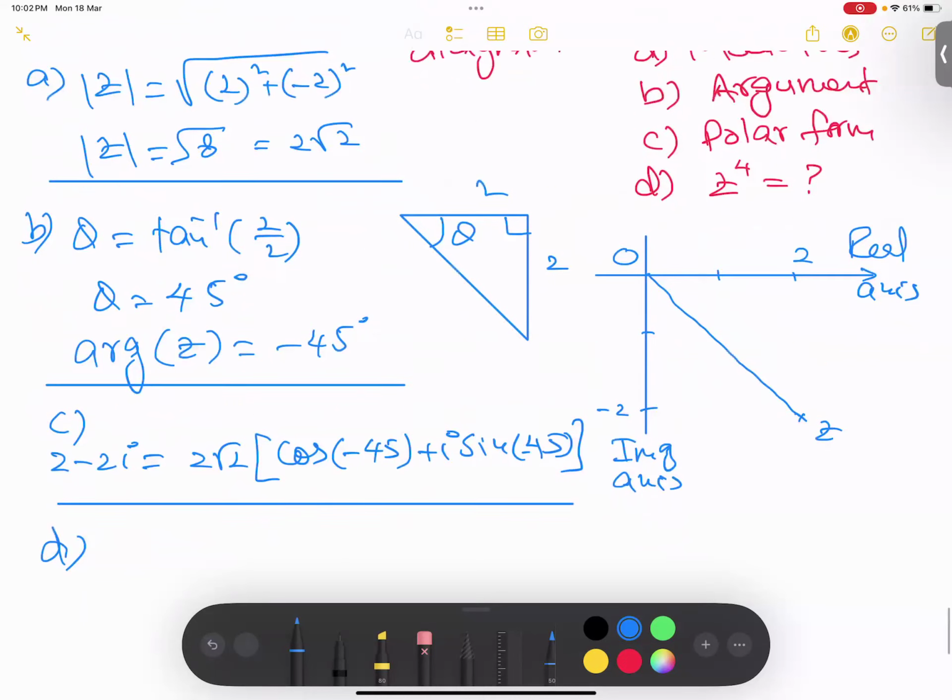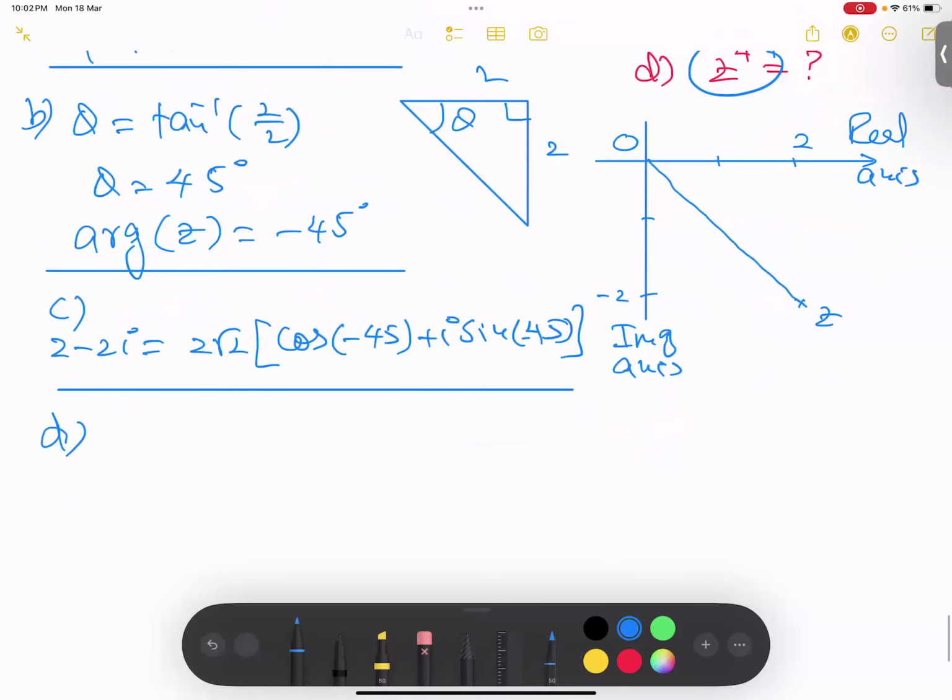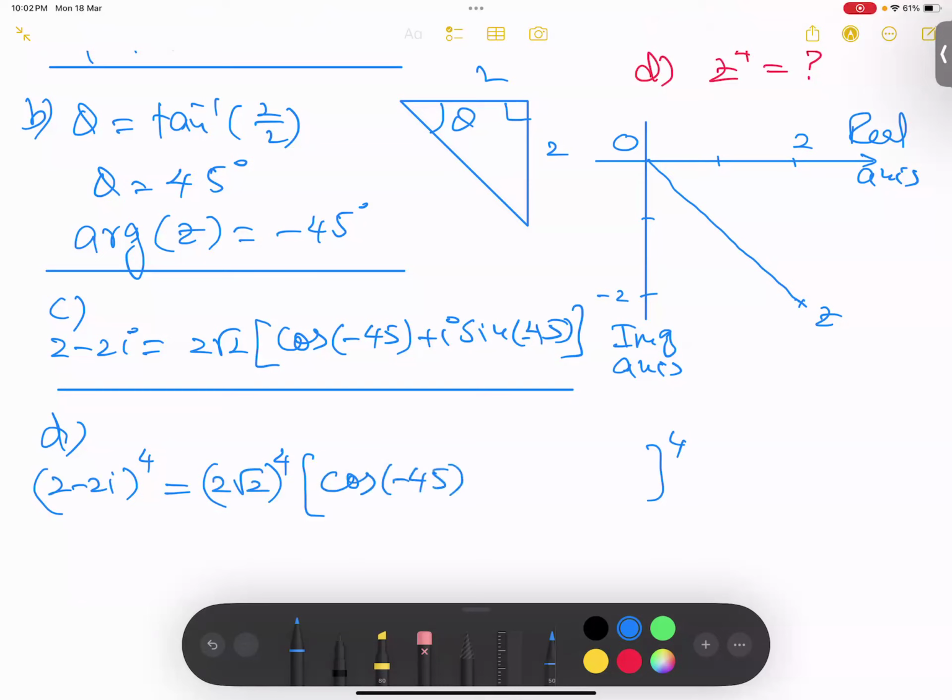Now let's talk about the power 4. How to deal with power 4? I will take power 4 of both sides. I think it is a clear approach. Even power 4 here, even power 4 on the top. So 2 minus 2 iota to the power 4, here 2 root 2, here cos negative 45 plus iota sine negative 45. I believe it is very, very clear.